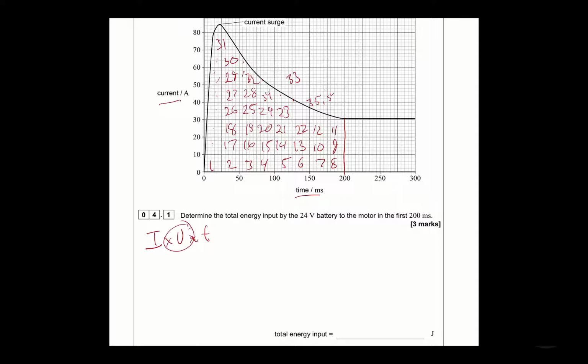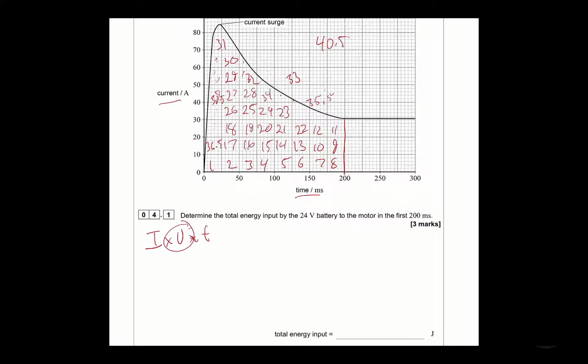That's 0.6. So we're looking at between 40 and 41 boxes. So I'm going to go 40.5 boxes.